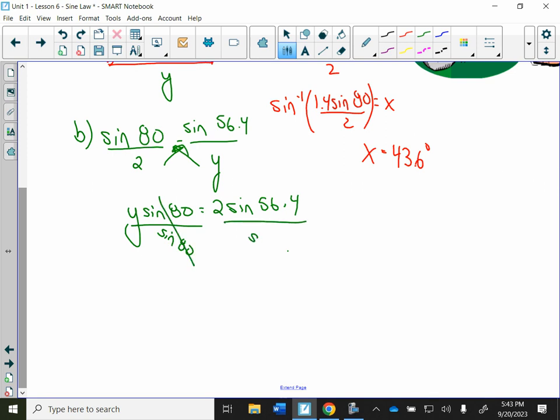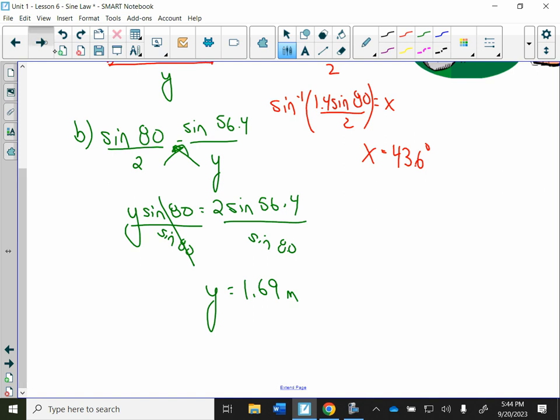Whatever I do to one side, I do to the other. And y is, I got 1.69 meters. See if you agree with me. That's it. There's your sine law. Okay? If you master that, if you're able to do that by yourself, you've got this figured out, because that's basically the two questions. Missing side, missing angle.